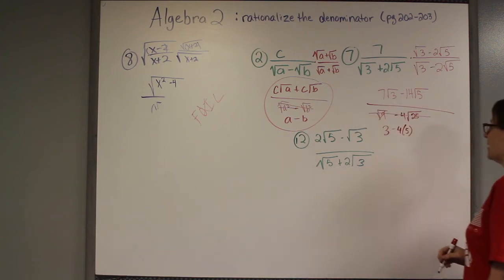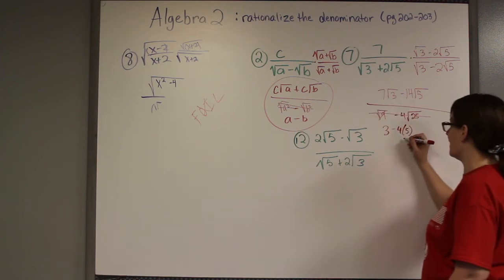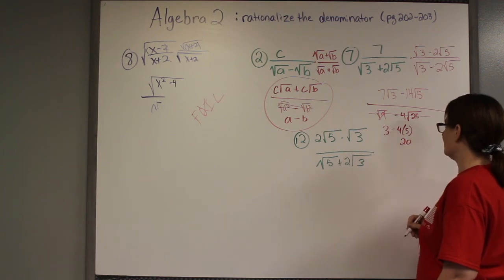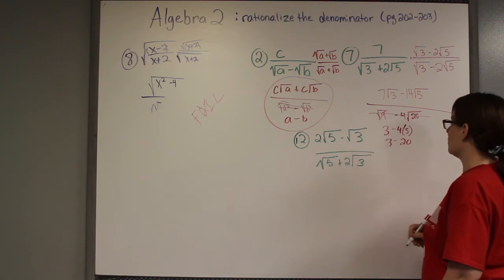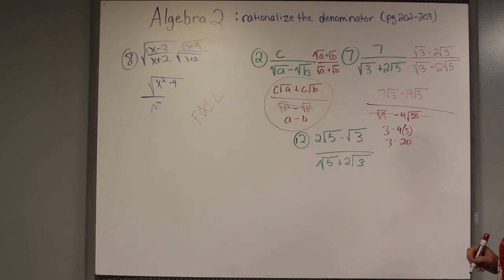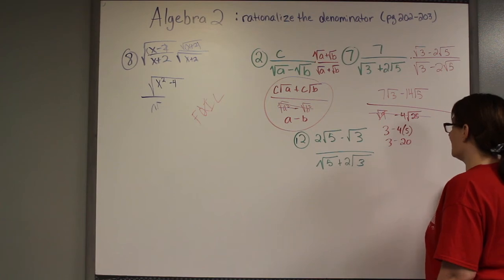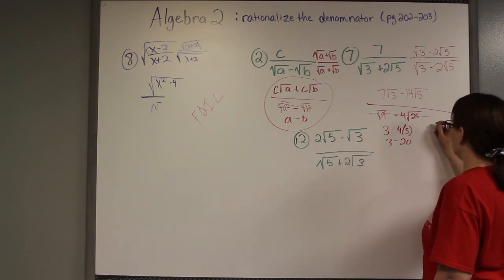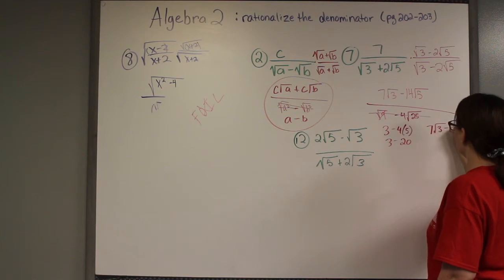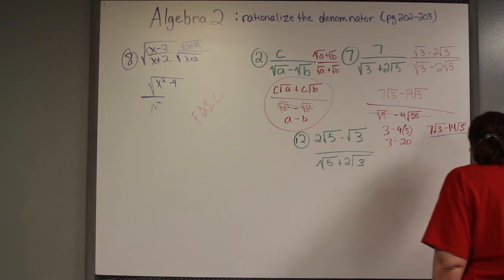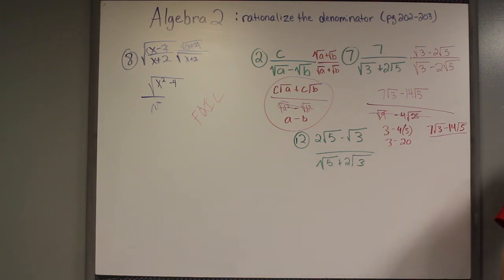So that makes this 4 times 5, which is 20, and 3 minus 20. Okay, well, what's 3 minus 20? It's 17, correct? A negative 17 at that. So I would have 7 radical 3 minus 14 radical 5 over negative 17, I think.